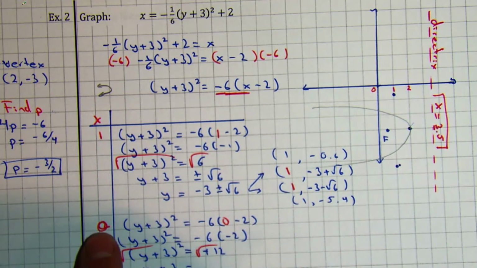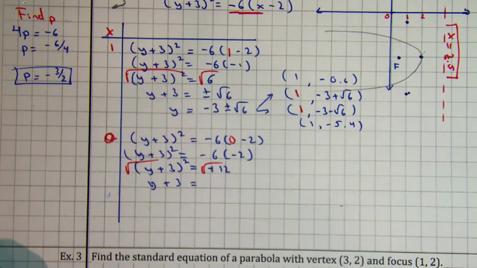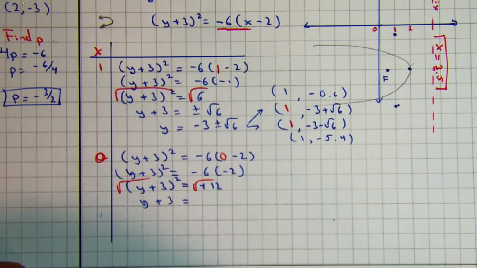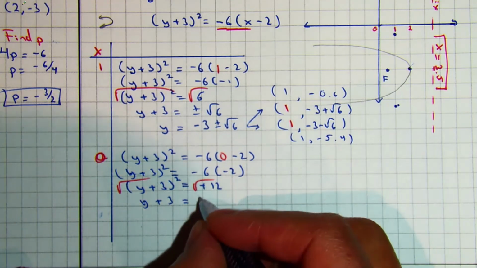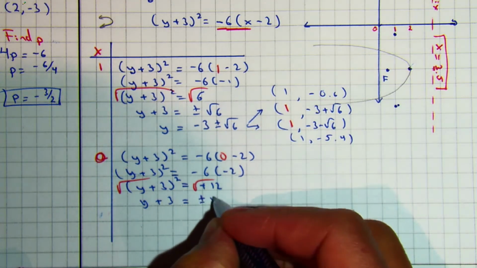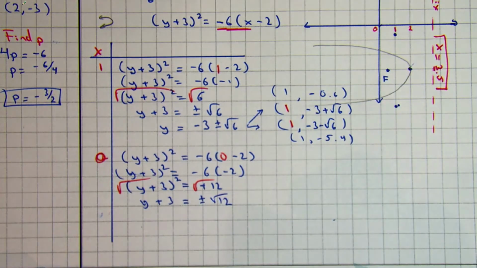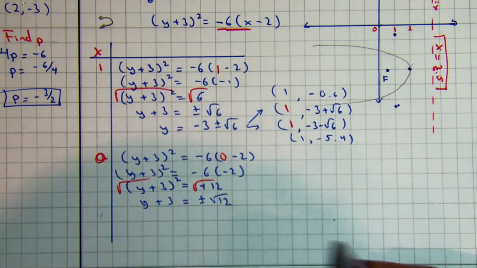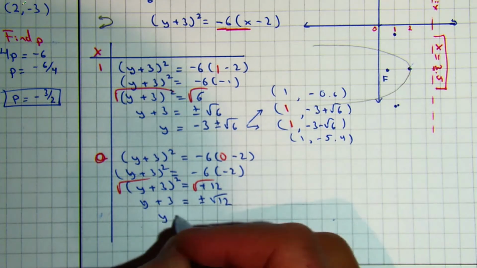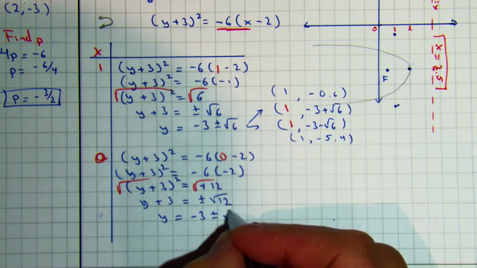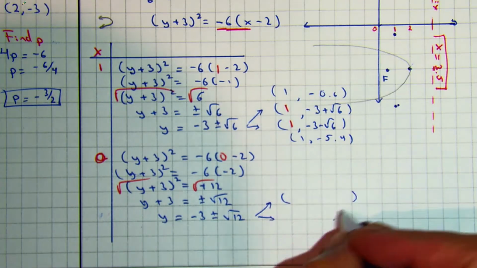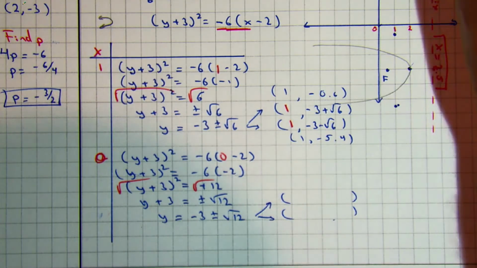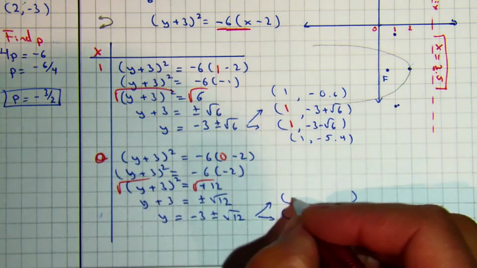And now I'm going to plug in 0. The square root of 12 is about 3.5, so y plus 3 equals plus or minus the square root of 12, or 2 square root of 3. Move the 3 to the right and it becomes negative 3. So I'm going to end up with 2 points once again. My x value for both of them is 0.